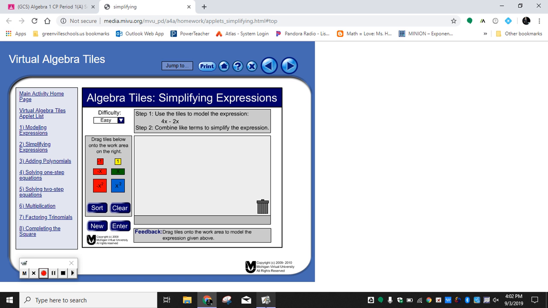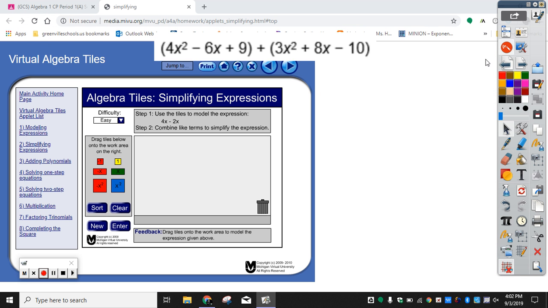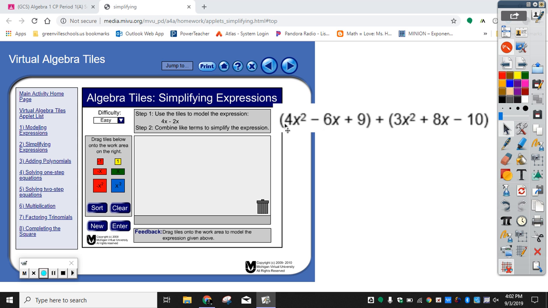And so if we want to represent our polynomial addition problem with algebra tiles, what that would look like is 4x squared minus 6x plus 9 would require me to have 4x squareds.